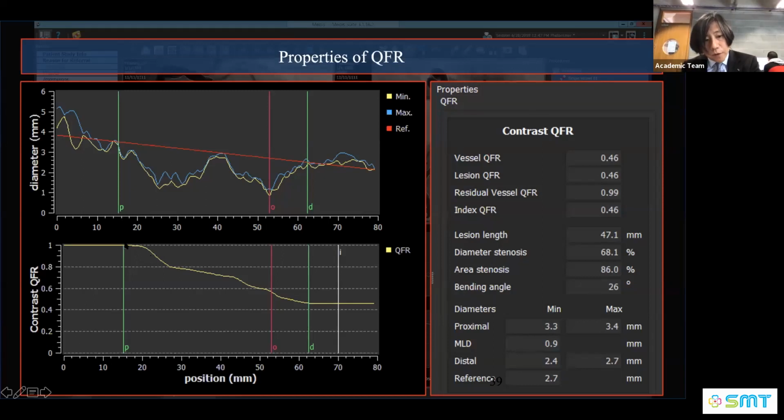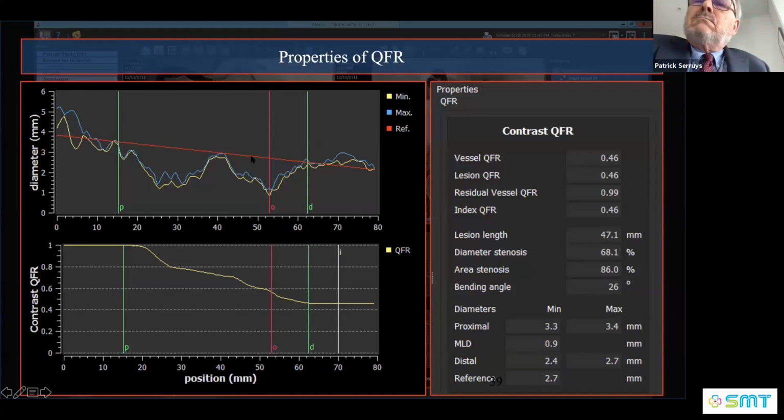And maybe, for example, in this case, if you just treated from here to the 40 millimeter, you might get an FFR value improvement of maybe 0.2 or 0.21, but ultimately probably you will still have some significant QFR drop in the distal part. So in this case, the treatment of this part is not enough.